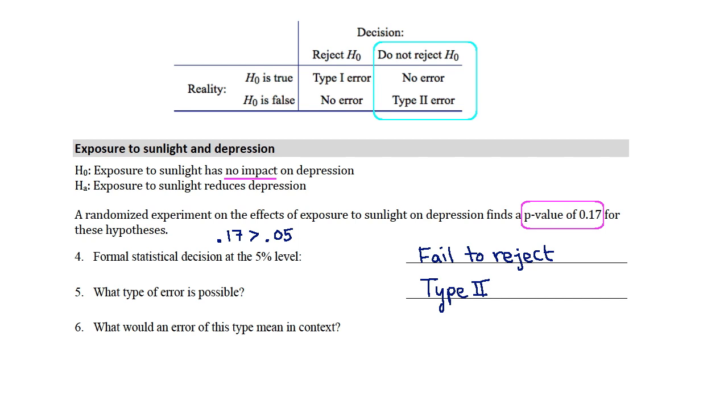Do not reject, or fail to reject, H naught. And that H naught is false. Right? The type 2 error is the intersection of these two pieces, so we also need to establish in context that H naught is false.